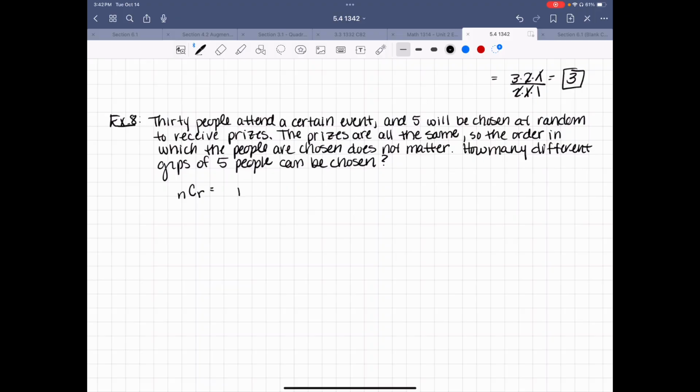Okay, I know that's n factorial over r factorial times n minus r factorial. In this particular case, I have 30 people and I'm choosing 5. So I've got 30 factorial over 5 factorial times 30 minus 5 factorial. That's 30 factorial over 5 factorial times 25 factorial.